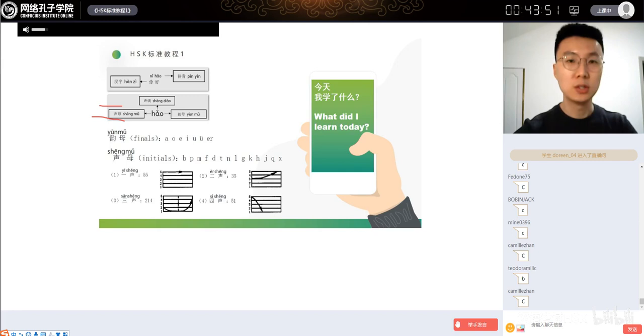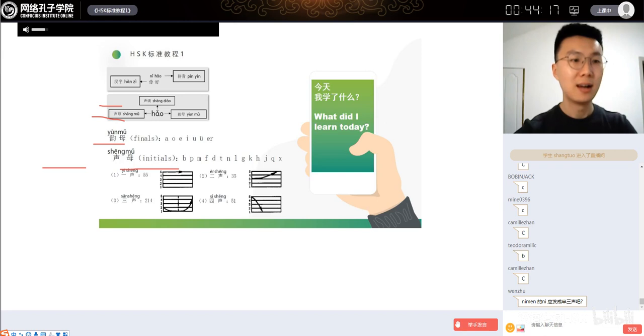Pinyin is used to tell us how to read 汉字. Pinyin consists of 3 parts: 声母, 韵母 and 声调. And we also learned some basic 韵母.